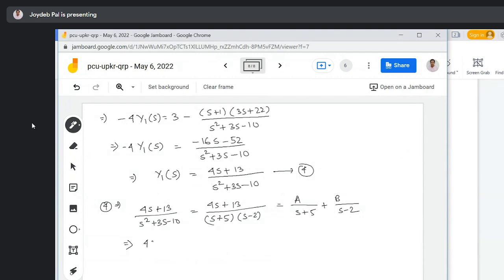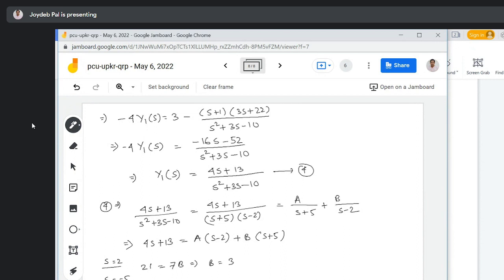So 4s plus 13 equals a into (s minus 2) plus b into (s plus 5). Now you put s equal to 2, then it will be 8 plus 13, 21, 7b. So b will be 3. You put s equal to minus 5.